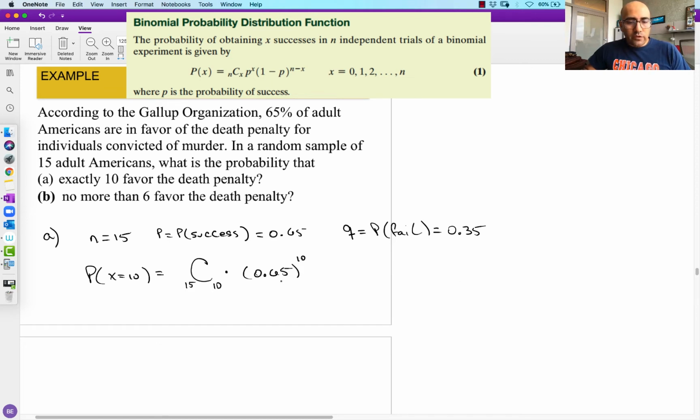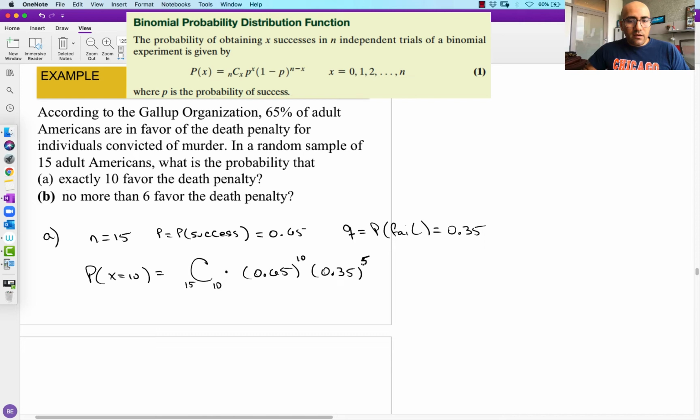Okay, so we're looking for 10 successes out of 15 being surveyed, which means there must be 5 failures. So it's 0.35 to the power of 5. Good. So 10 successes, right? There's a probability of success.